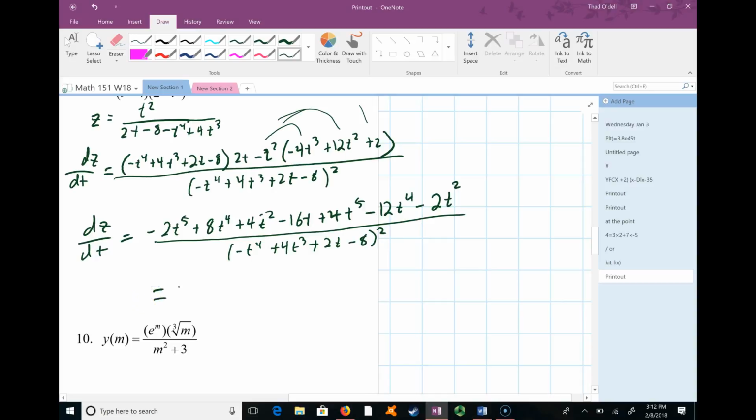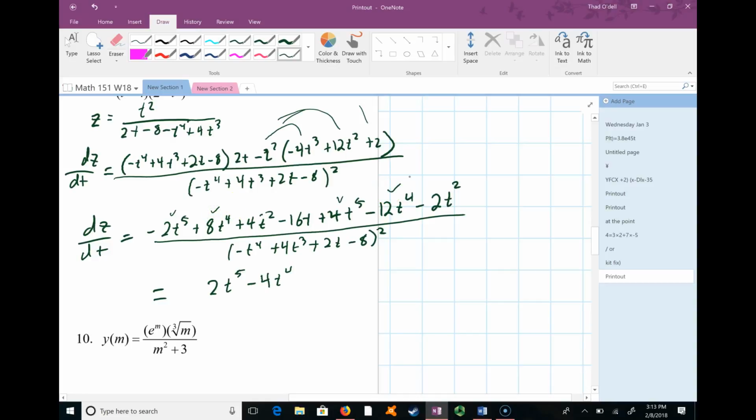And last, finally, we just combine some things. So negative 2t to the fifth and 4t to the fifth, that would leave me with a positive 2t to the fifth. And 8t to the fourth and negative 12t to the fourth, that'd be negative 4t to the fourth.